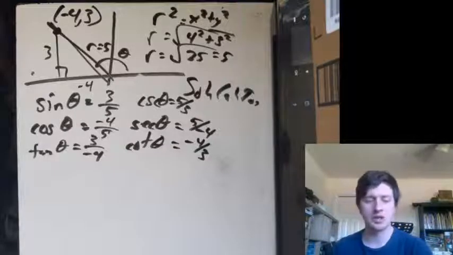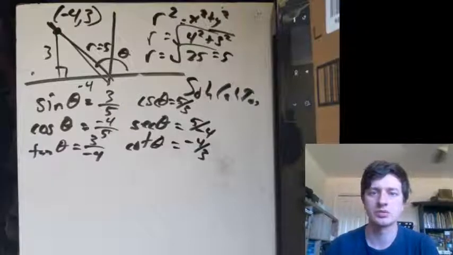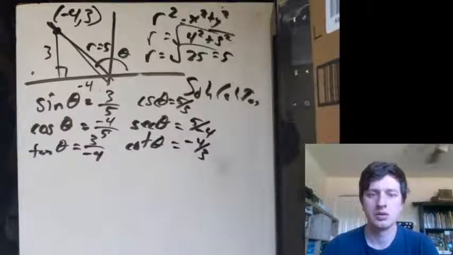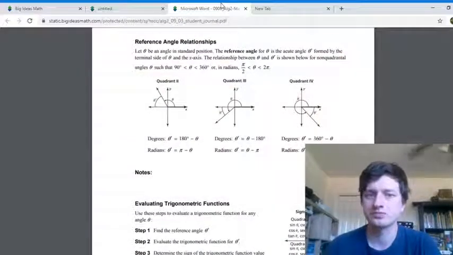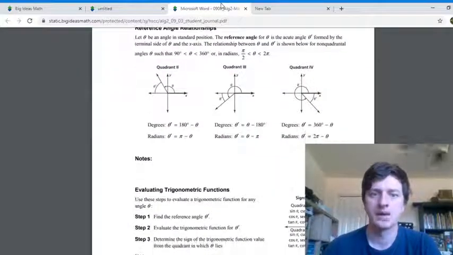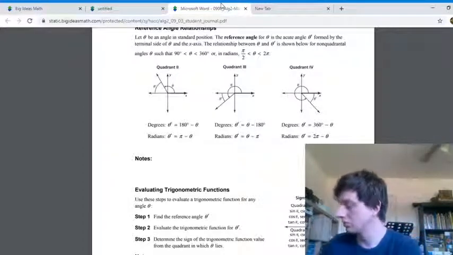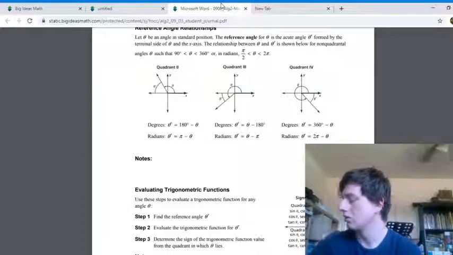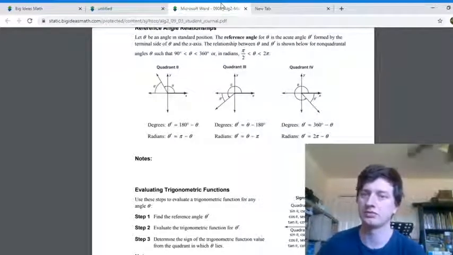Okay, there are some angle relationships that do matter. We want to go back to the student journal page. The angle relationships. So that looks like this. Okay, we have a reference angle, which means it's the closest angle to the terminal angle and the standard angle.